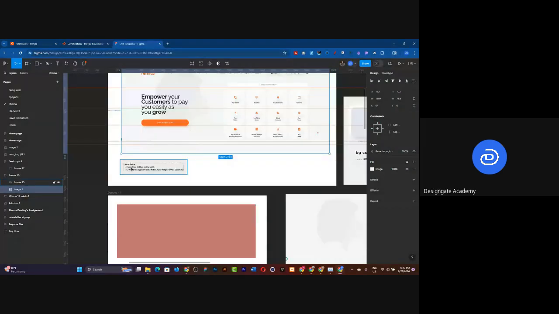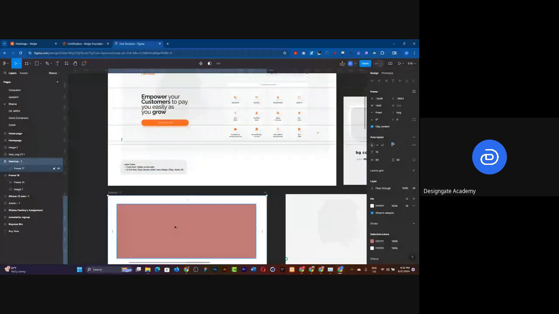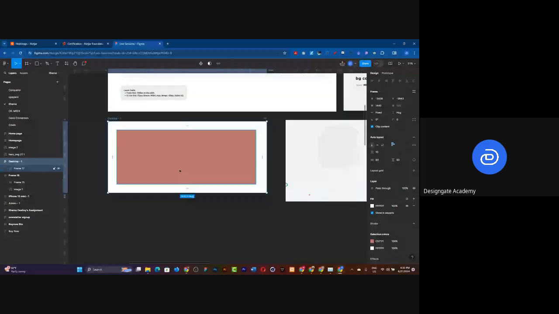We said your frame size, use 1440, which is why I did this sample for you guys. Your design should be inside this red box. All your design should be right inside this red box. Everything you are designing. Then you delete the red box. This is just for guide. Your design is supposed to be inside here.